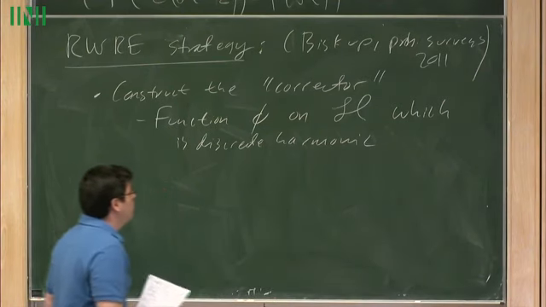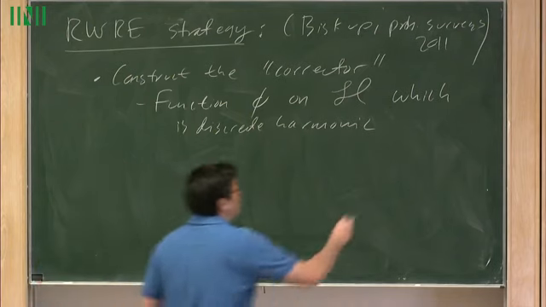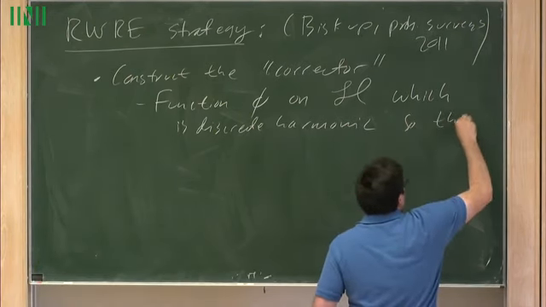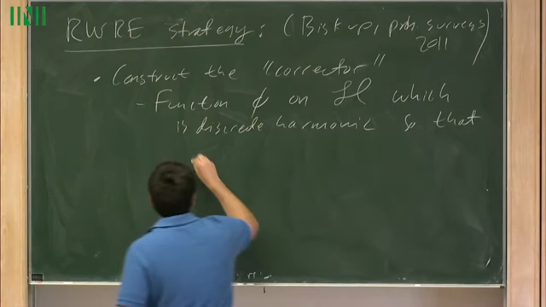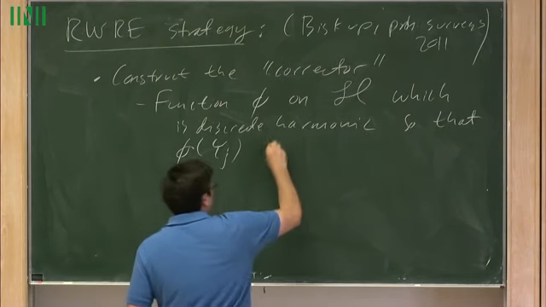The reason that you want to construct this discrete harmonic function is that if you apply it to your random walk, y sub j, then you're going to get a martingale.